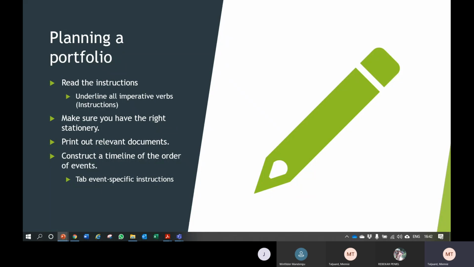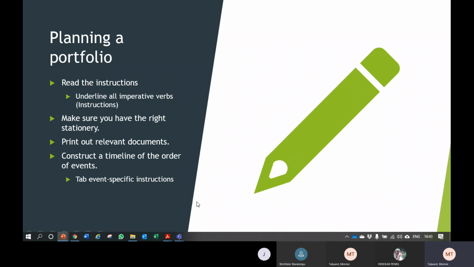And what's important there is that you have to fill in the documents before you can do the observation or before you can work on the community project. So make sure that you have a timeline in which you write to the NGO or the institution, and then have the documents, and only then are you actually going to start writing your portfolio.